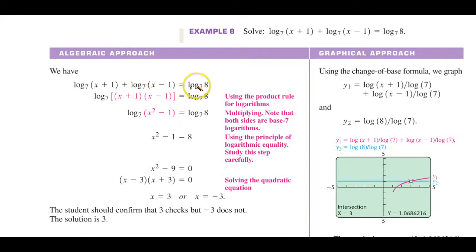And then we do our other side, where this is log base 7. This is log base 7. So we're going to use the principle of exponents equaling exponents.